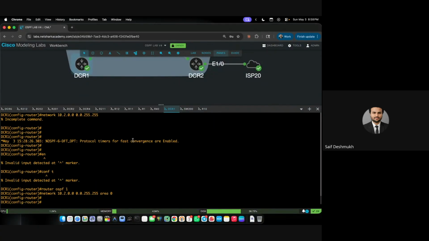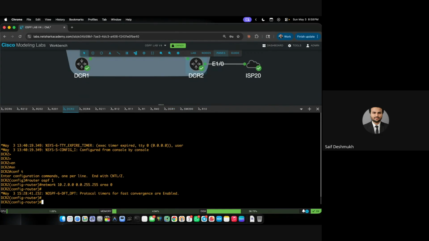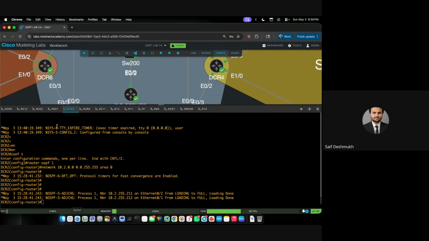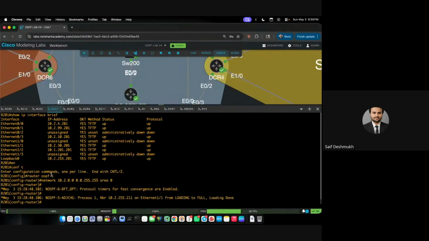DC router 1, DC router 2. I already have enabled the command on 201. Yes, we can, because I'm only matching 10.2, so only inward interfaces towards the DC are going to be enabled.